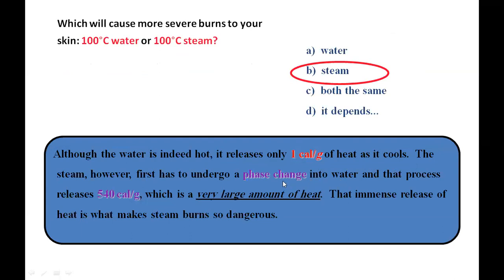The steam, however, first has to undergo a phase change into water, and that process releases 540 calories per gram, which is a very large amount of heat. That immense release of heat is what makes steam burns so dangerous.